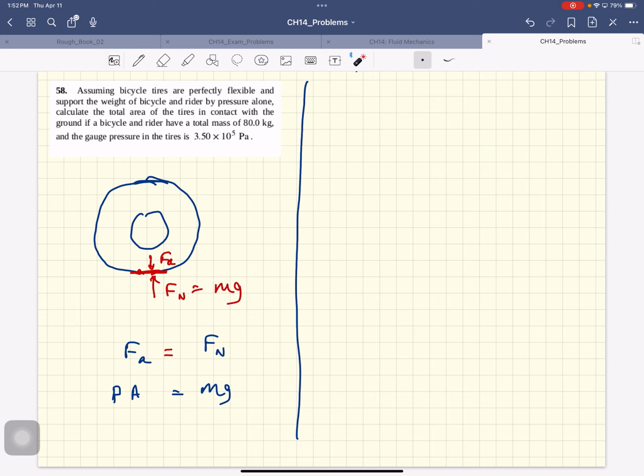Yeah, so I think we'll take gauge pressure. So gauge pressure times area equals mg. So area equals the weight being supported divided by gauge pressure.